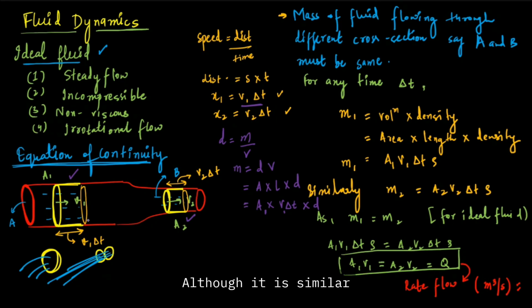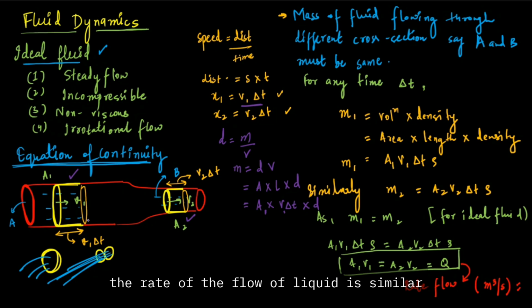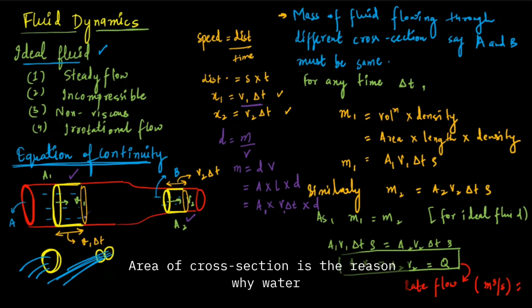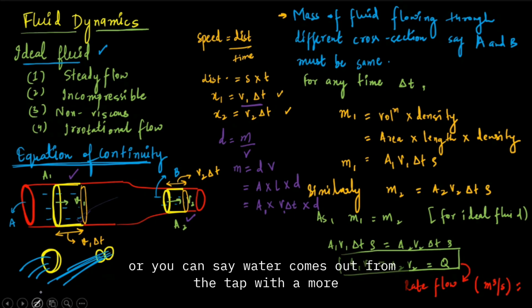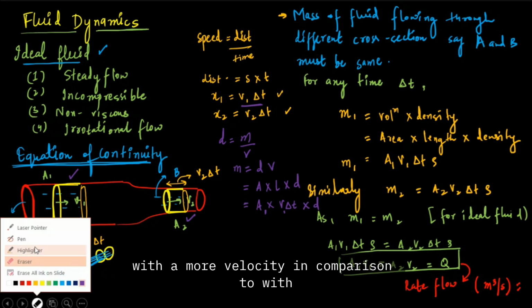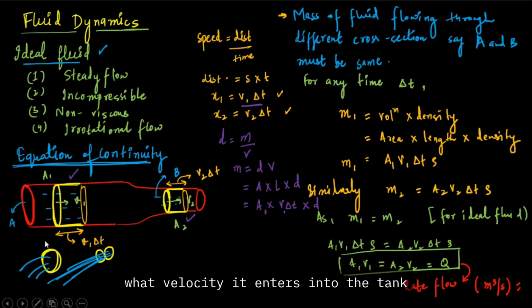Although the rate of flow of liquid is similar in both cases, the opening, or the area of cross section, makes the difference. Area of cross section is the reason why water comes out from the tap with more velocity in comparison to the velocity with which it enters the tank, because the area of cross section is different.